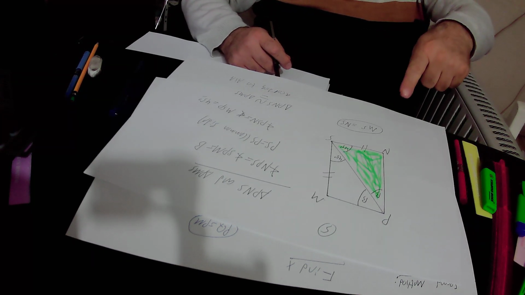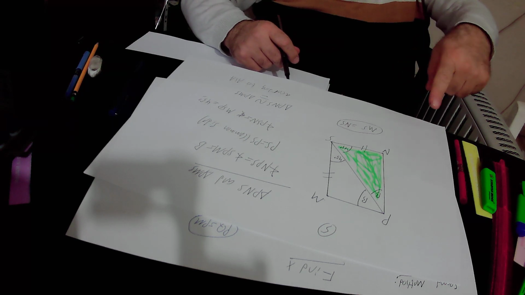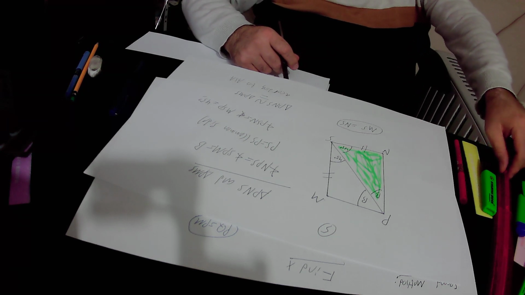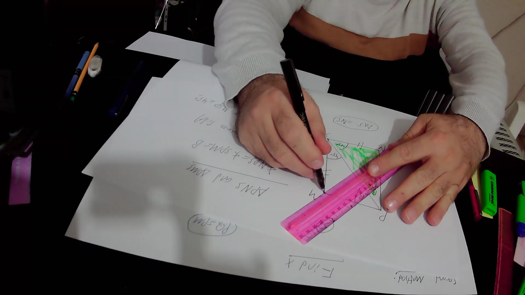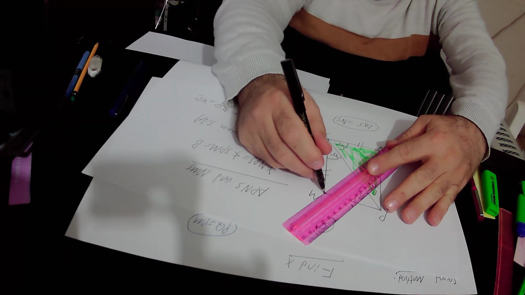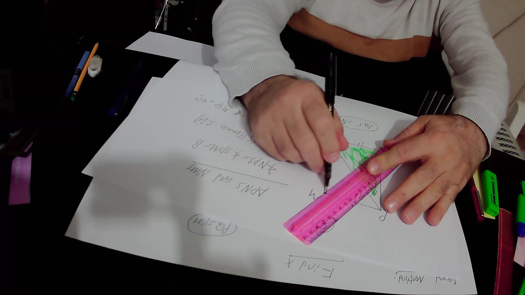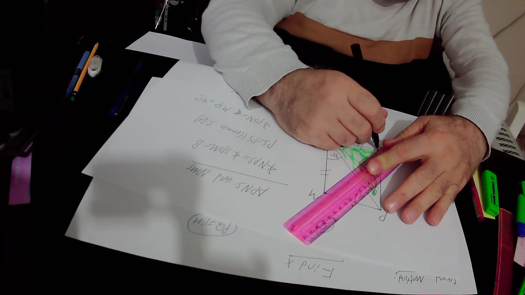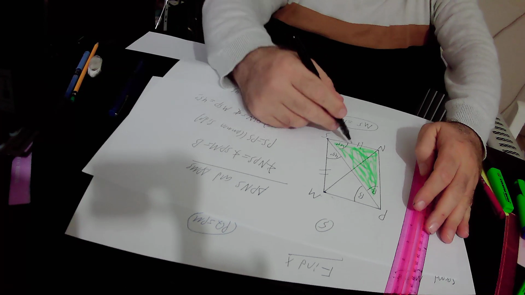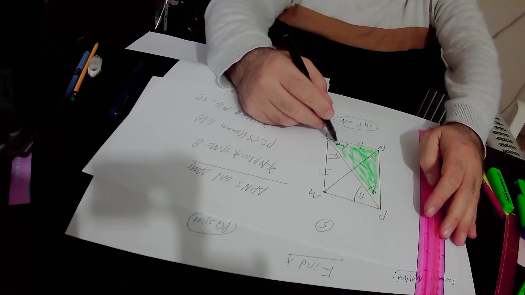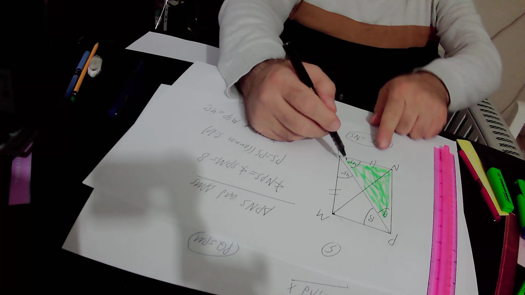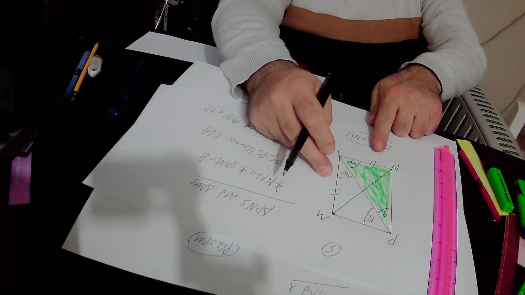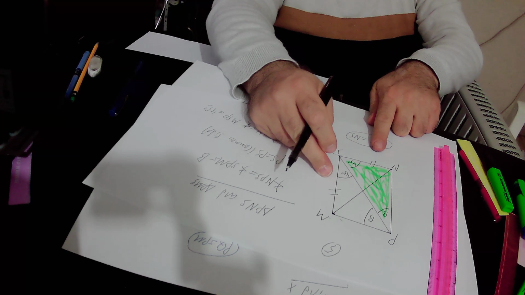And if we join points M and N together by a straight line, we know that angle MSN is a right angle, and those two sides in triangle MSN are equal to each other.